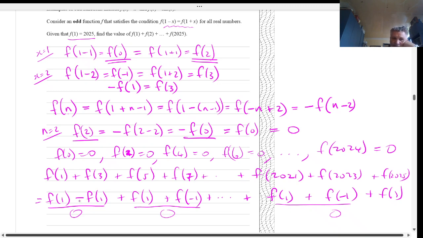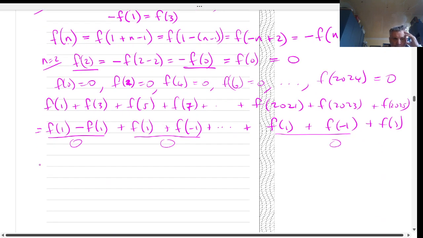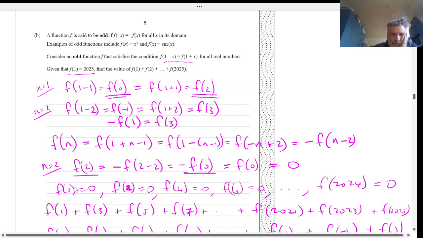I did do this differently, with minus f of 1 and then put the minus inside, but I can just shift that minus outside according to the rules. So we just get f of 1, which we were told in the question was 2025. Isn't that sneaky? They ask you to do a calculation and they tell you the answer in the question.